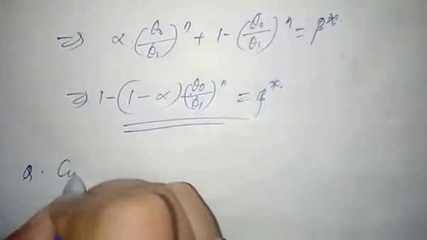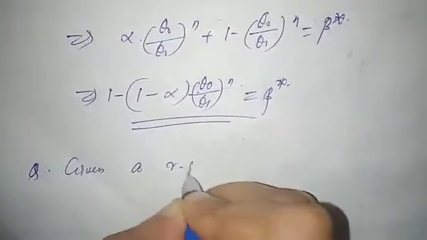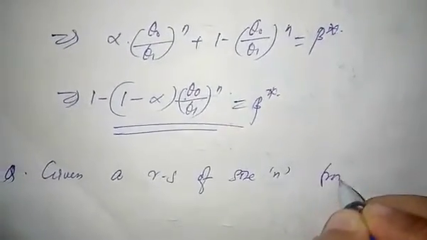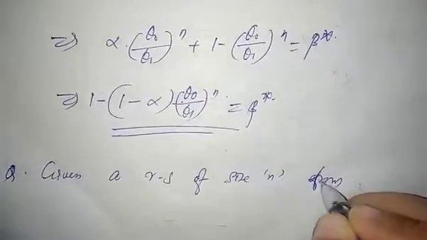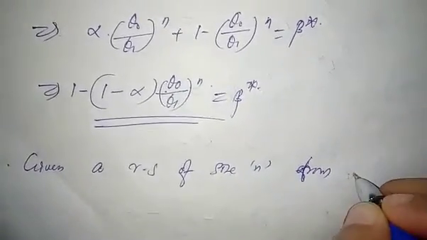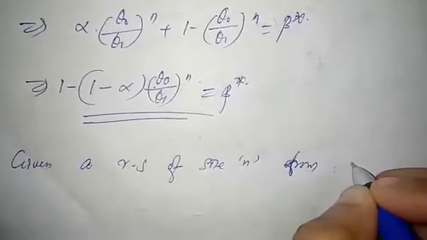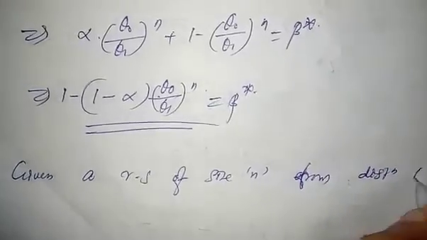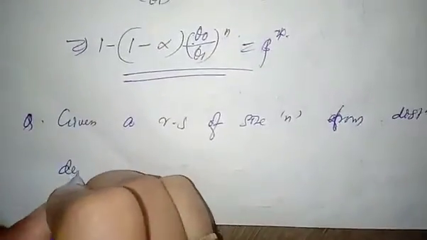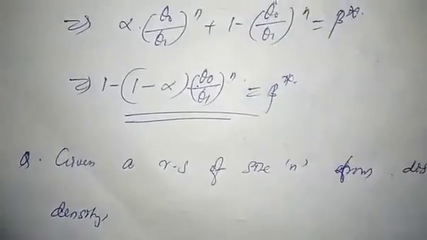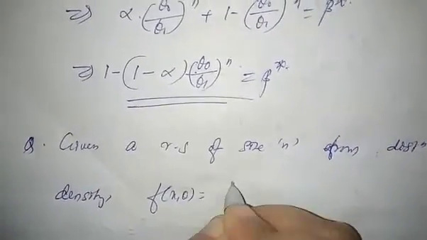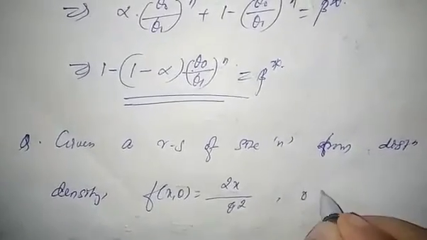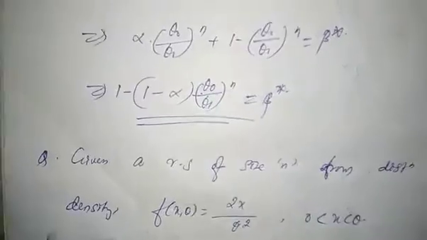The question is: given a random sample of size n from a distribution with the density f of x theta equal to 2x divided by theta square, where 0 less than x less than theta.